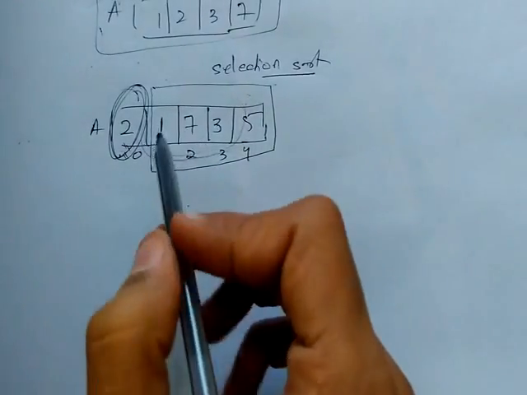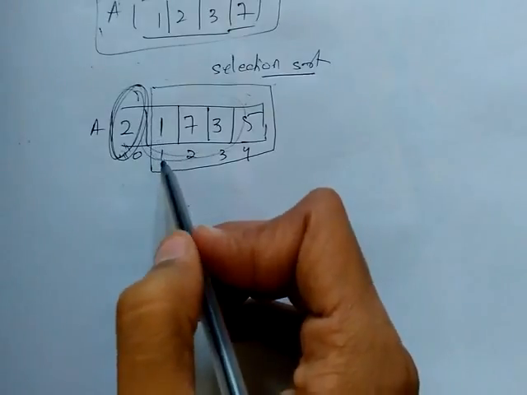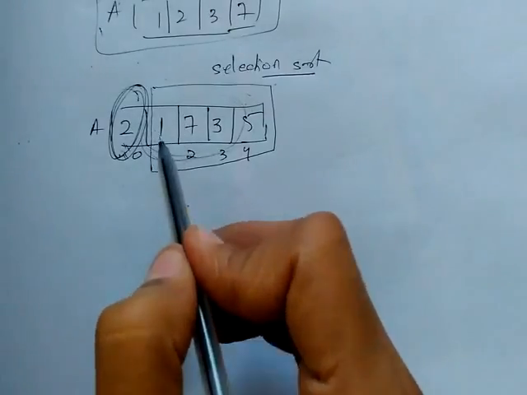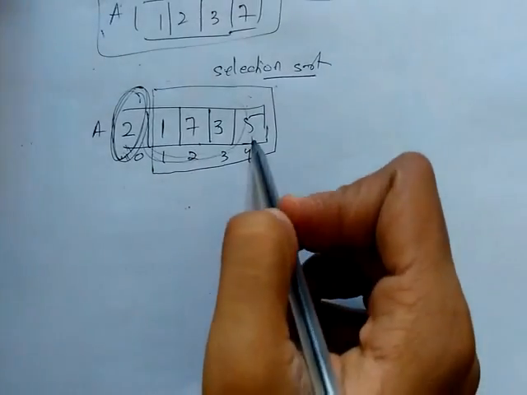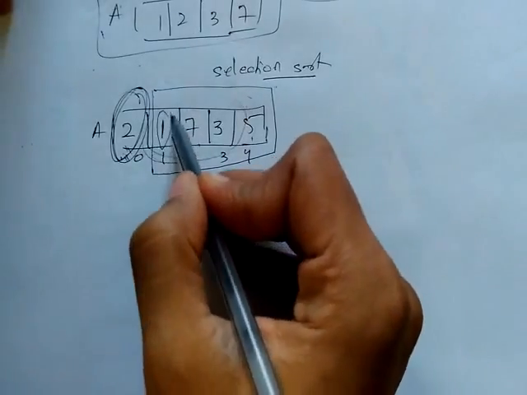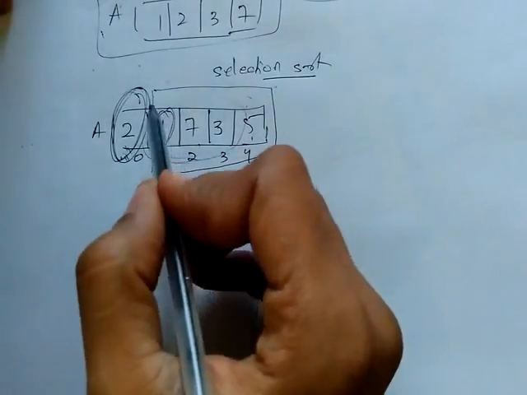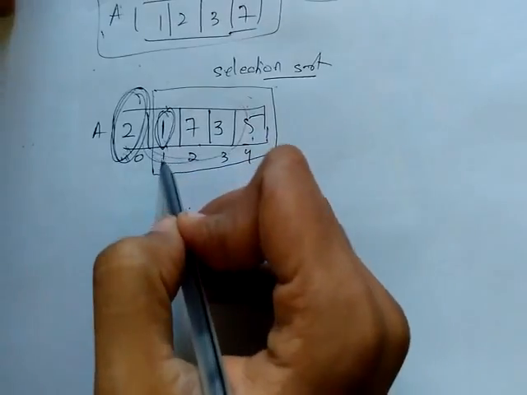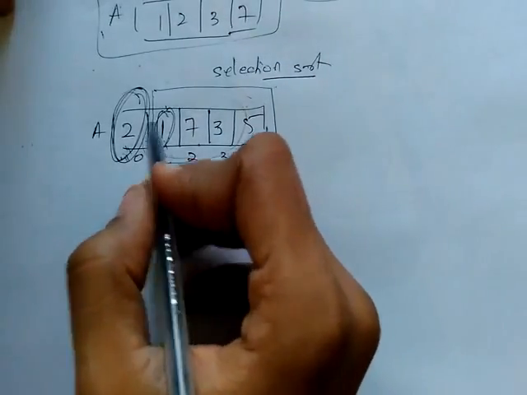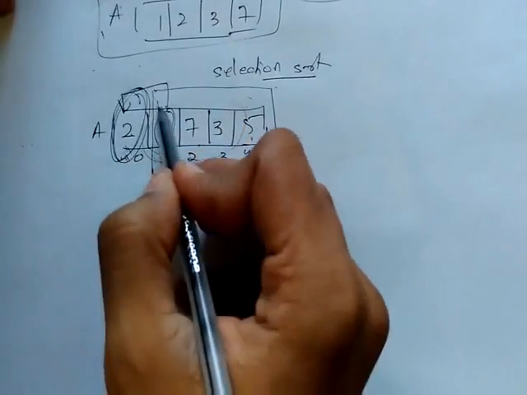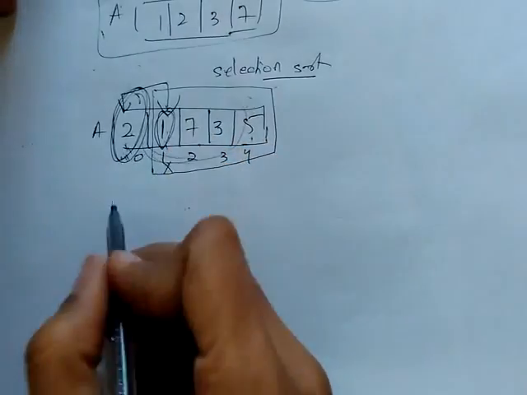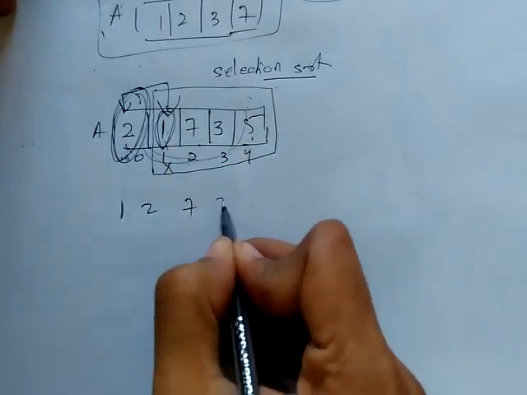I am trying to find the minimum of this subarray, and the minimum value in this subarray is 1. So my 1 should not be here, it should be here. So I will swap the 1 with 2. So my answer will be 1, 2, 7, 3 and 5.